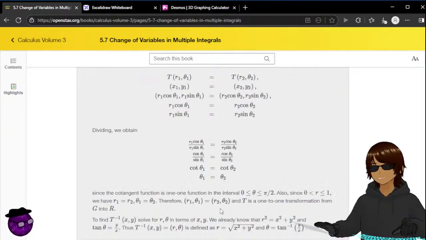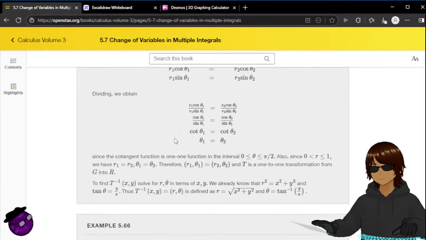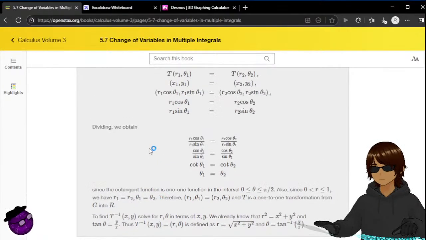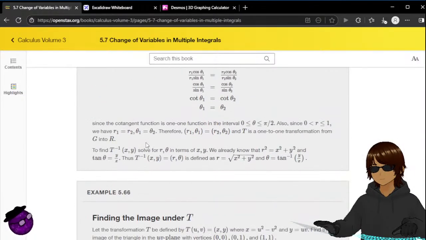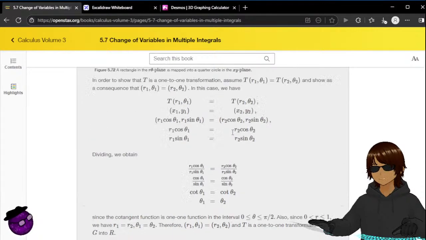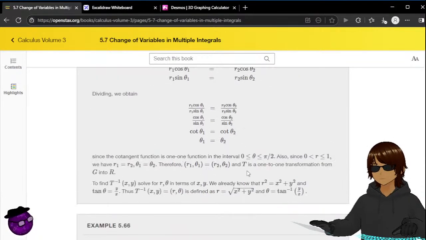We get that the thetas are different. Since the cotangent function is a one-to-one function in the interval 0 to pi over 2, and since r is between 0 and 1, we have r1 is equal to r2 and theta 1 is equal to theta 2. Therefore, this is equal to this. Okay, so that's how they showed it's one-to-one.